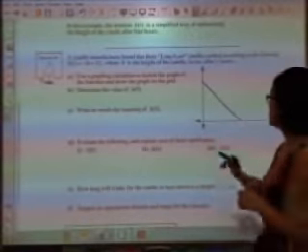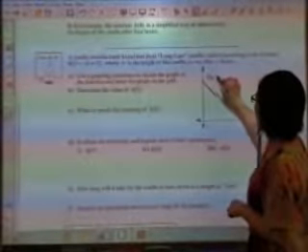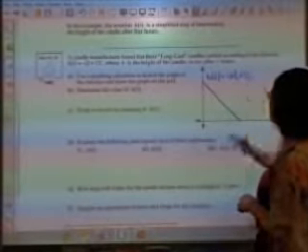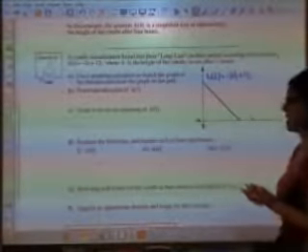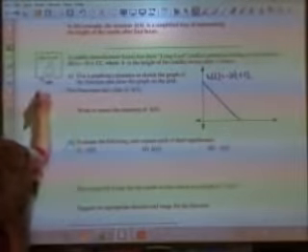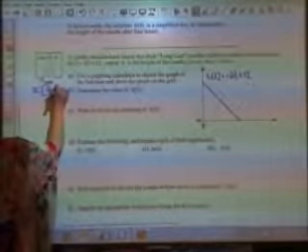When I sketch this graph, I can label it H of t equals negative 2t plus 12. And I can also include what my window settings were. My x's went from 0 to 10, going up by ones, and my y's went from 0 to 15, going up by ones.